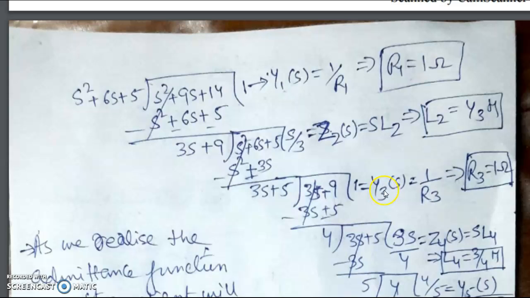Similarly, the third quotient will give the admittance of the third element, which is a resistor, that means 1/R3, so R3 is equal to 1 ohm. The fourth element is again an inductor connected in the series branch, so its impedance is sL4, which is equal to (3/4)s, that means L4 is equal to 3/4 Henry.